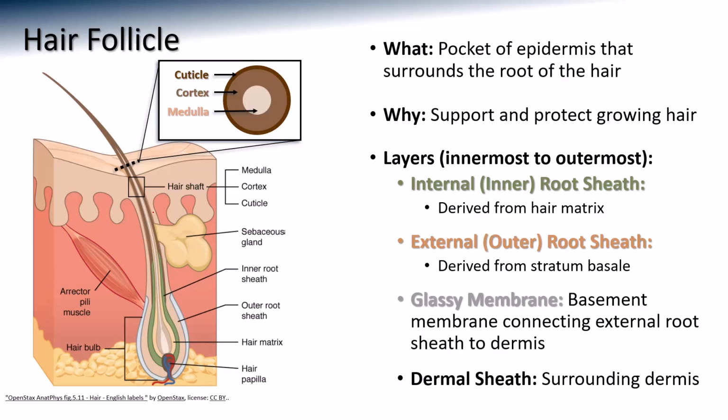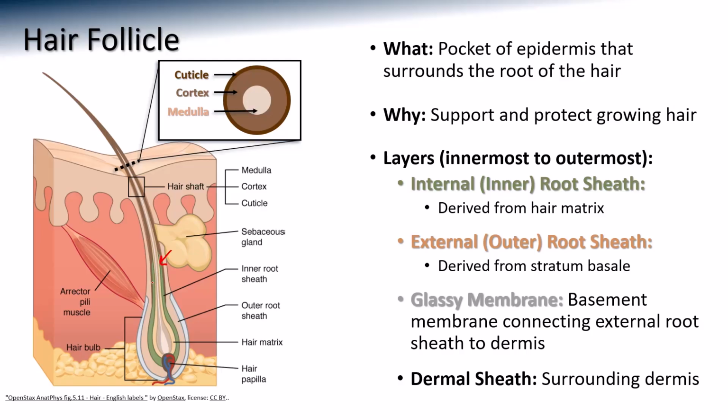Okay, so we start labeling these by their proximity to the hair shaft itself. So our inner or internal root sheath, it's the green here, okay, that is sitting closest to the cortex and medulla here, and it is part of the hair matrix.